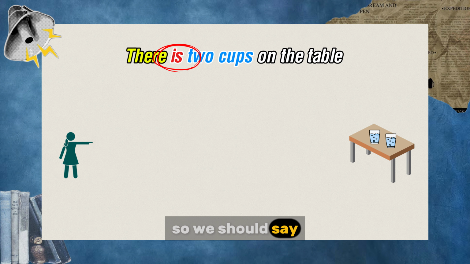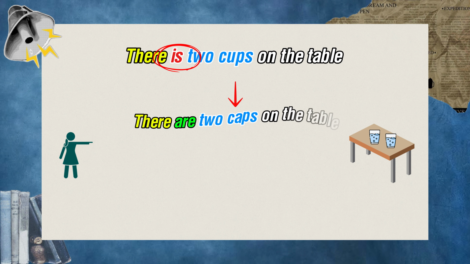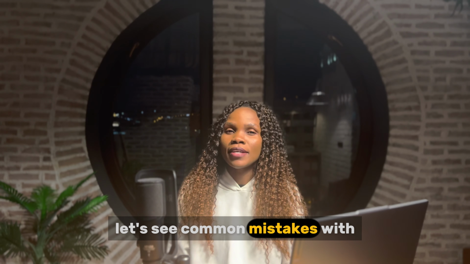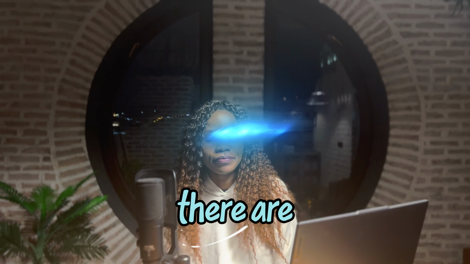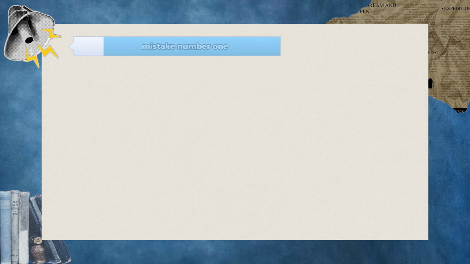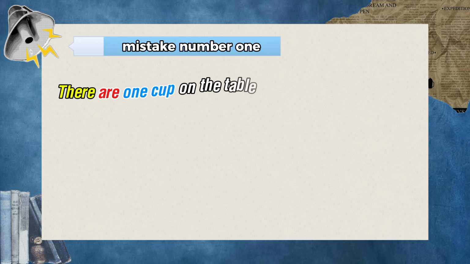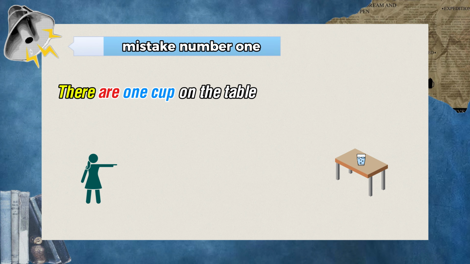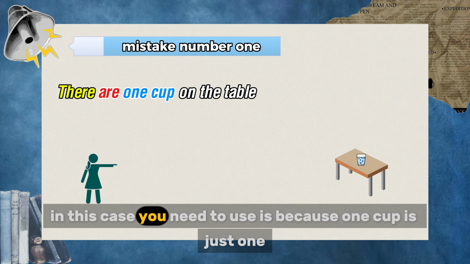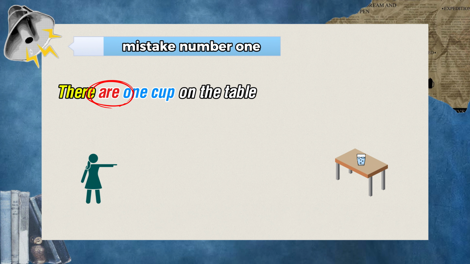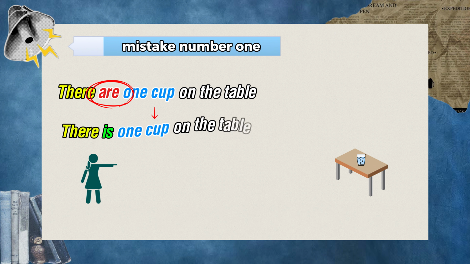So we should say, there are two cups on the table. Let's see common mistakes with there are. For example, mistake number 1, there are one cup on the table. In this case, you need to use is because one cup is just one. So you should say, there is one cup on the table.